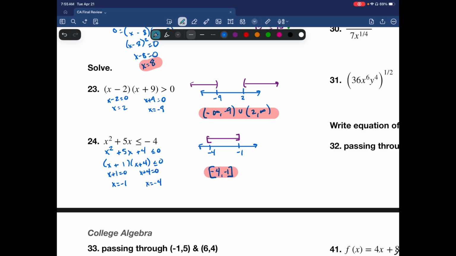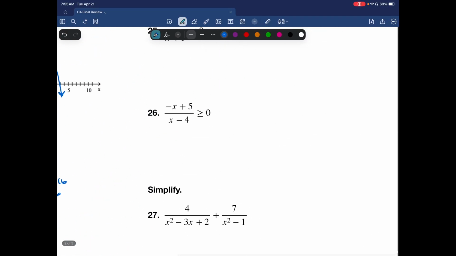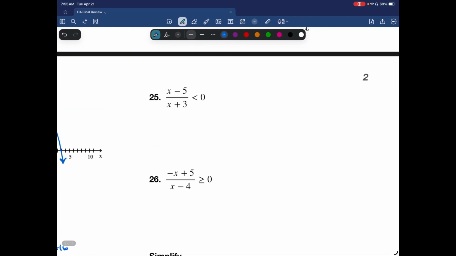All right, 25 and 26, we're now dealing with rational expressions, or rational inequalities. And this is a little bit different. First of all, you want to get it in factored form, and it looks like both of these are. So I've got x minus 5 equals 0 and x plus 3 equals 0. You set the top and bottom equal to 0 to find out any issues you might have.